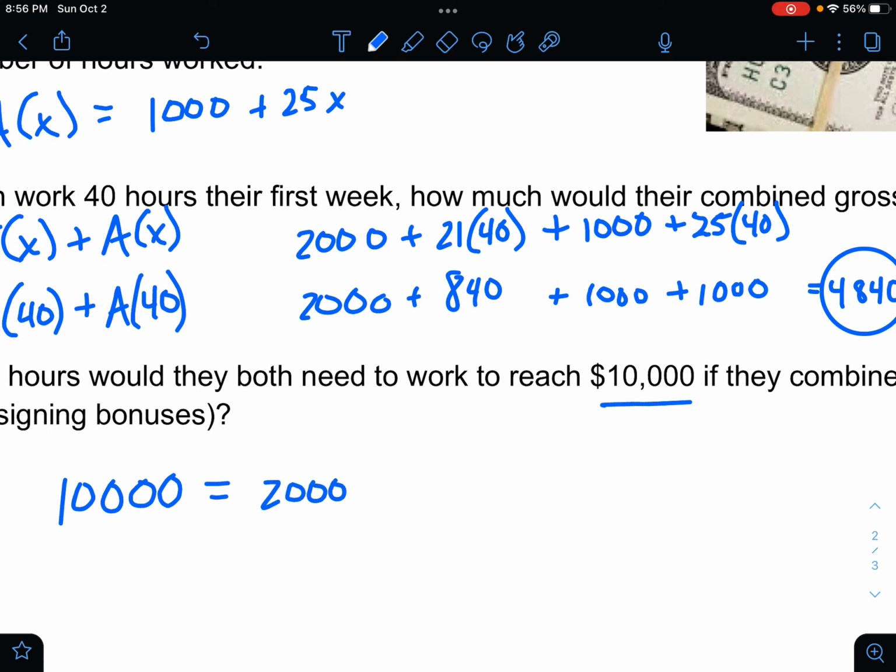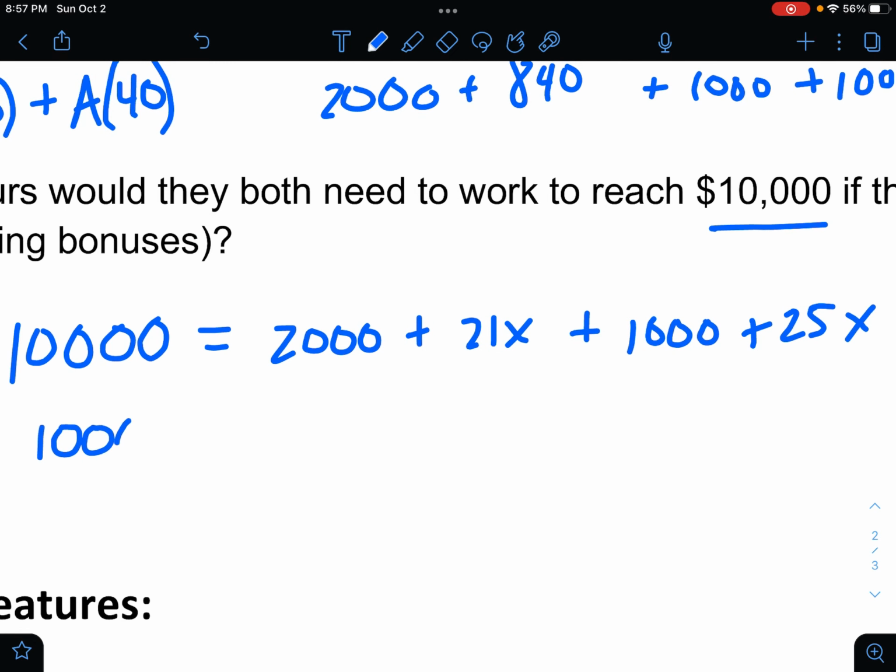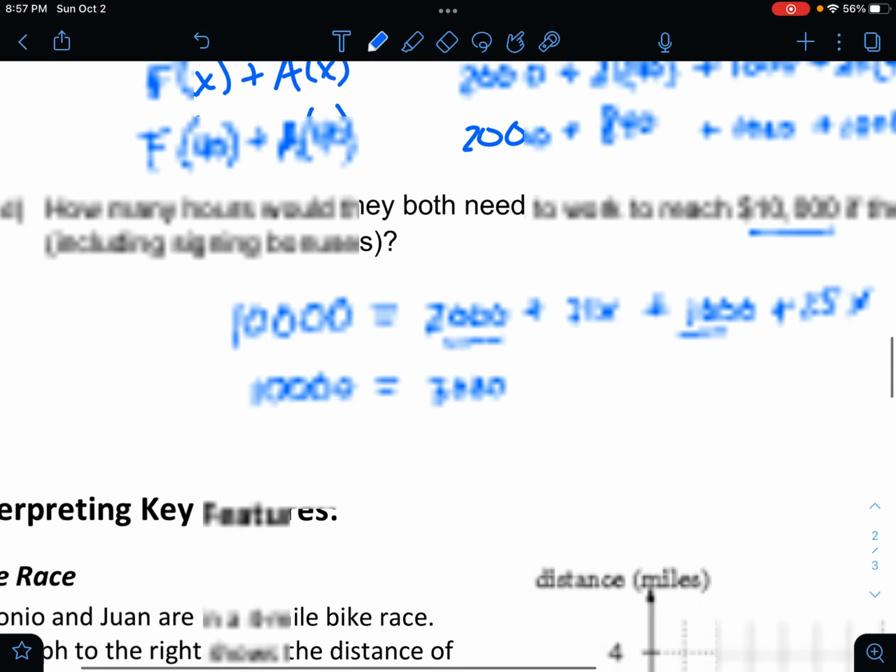So we have 2,000 plus 21x plus 1,000 plus 25x. Okay, and if we combine those, we have 10,000 equals 3,000, right? Combining those, combining these, plus 46x.